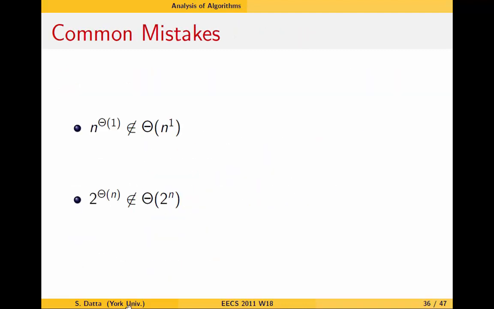A couple of mistakes to avoid. N to the theta 1 is not theta of n. Very simple, right? Because n to the theta 1 includes n squared, n cubed, n to the power 100, n to the power 5 million. All those are n to the power theta 1, and certainly they are not theta of n to the 1. Less obvious perhaps, 2 to the power theta n is not theta of 2 to the power n.